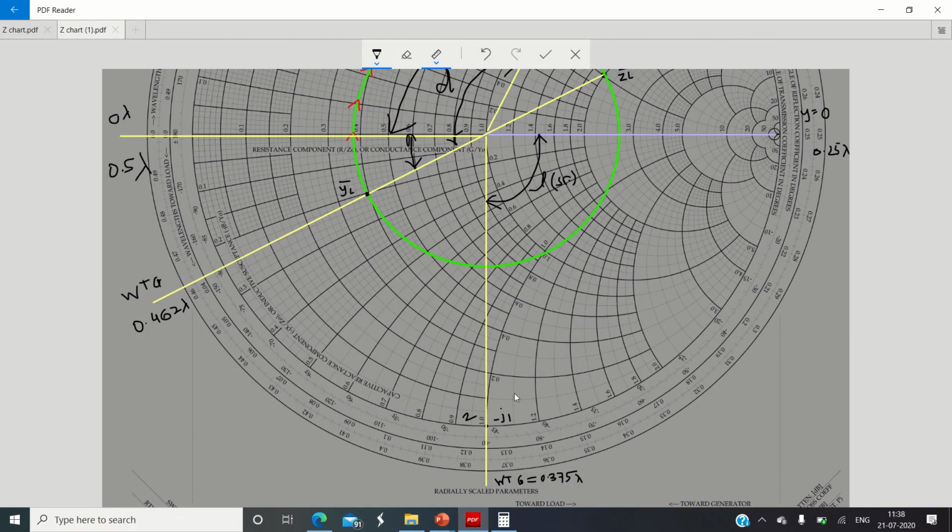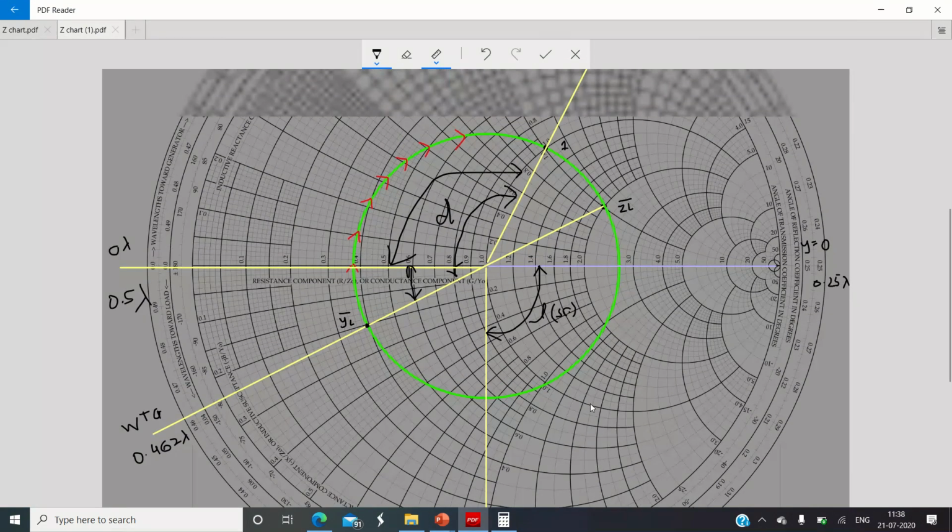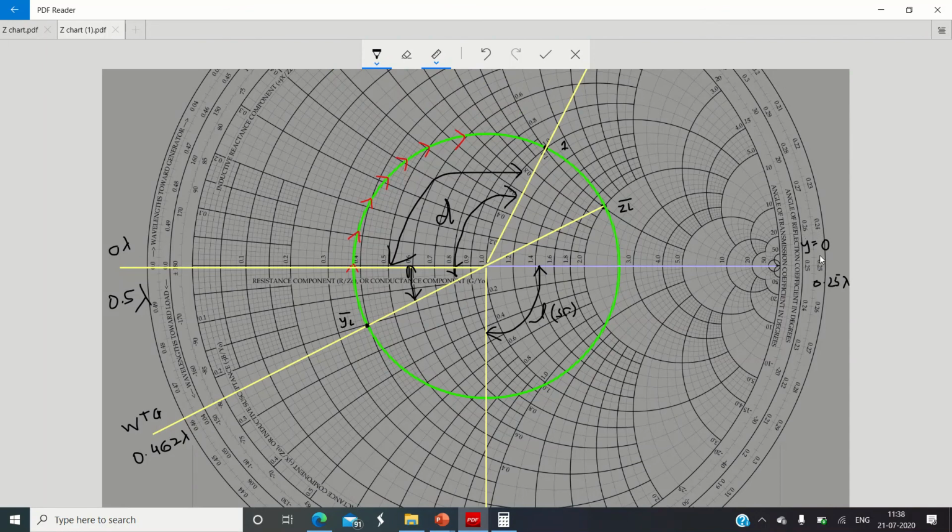So open the Smith chart. Where is the y is equal to infinity point? The y is equal to 0 point is over here, so definitely the y is equal to infinity point is located at the same point on the left hand side. So here I will denote it: this point is nothing but y is equal to infinity.